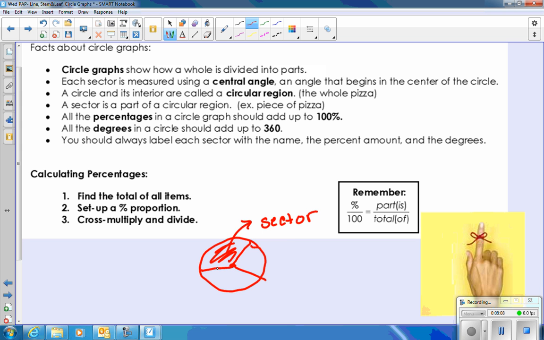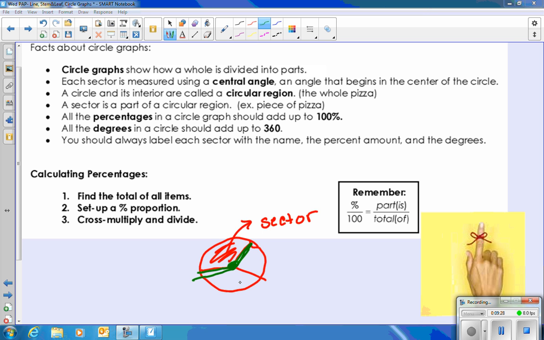And it's measured using what we call a central angle. The central angle comes from the center, and it's an angle that cuts off a sector. So again, this is the central angle because it comes from the center.